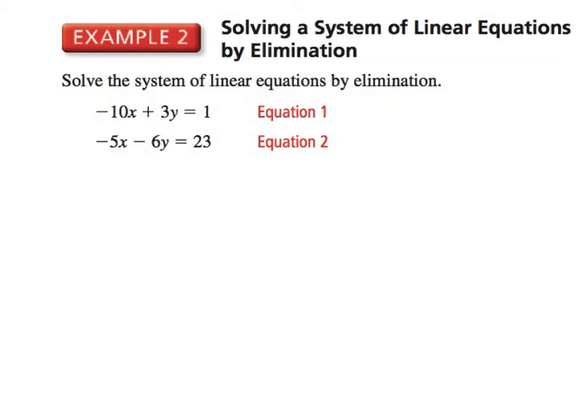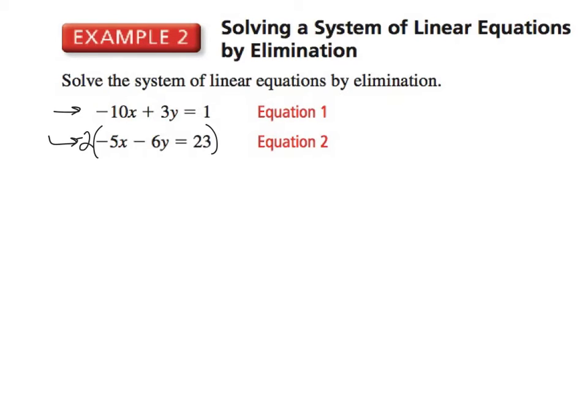I want to eliminate, let's do x's. So if this is negative 10x, what would I multiply negative 5 by to get positive 10x? What would you multiply by?